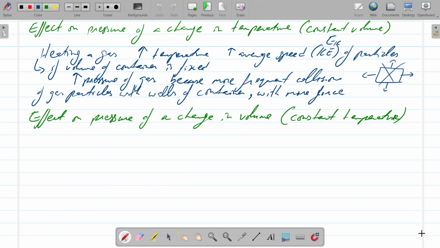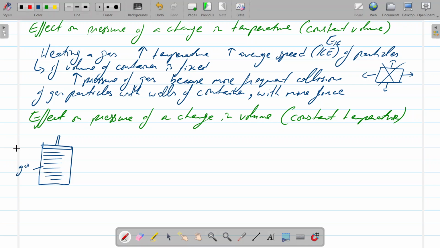Now, effect on pressure of a change in volume with constant temperature. This time you're not changing the temperature, keeping the temperature constant. What you're doing is you have a container, right? And this thing is filled with gas, right?